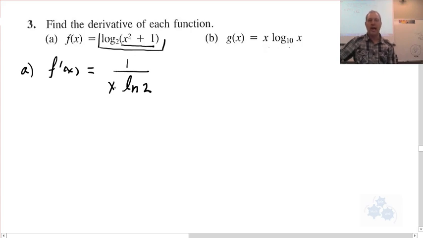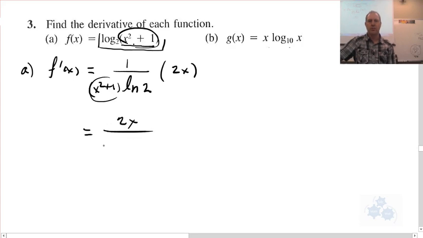So this is actually x squared plus 1 instead of just x here. So that would have to change to x squared plus 1. If that was x, this would be x. That's x squared plus 1. Then we multiply by the chain rule there, or by the derivative of the inside, so that's times 2x. So that becomes 2x on top, x squared plus 1 times ln of 2 on the bottom.